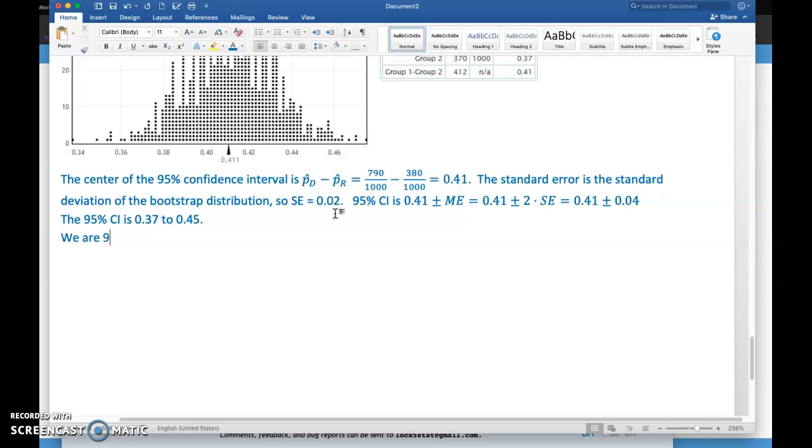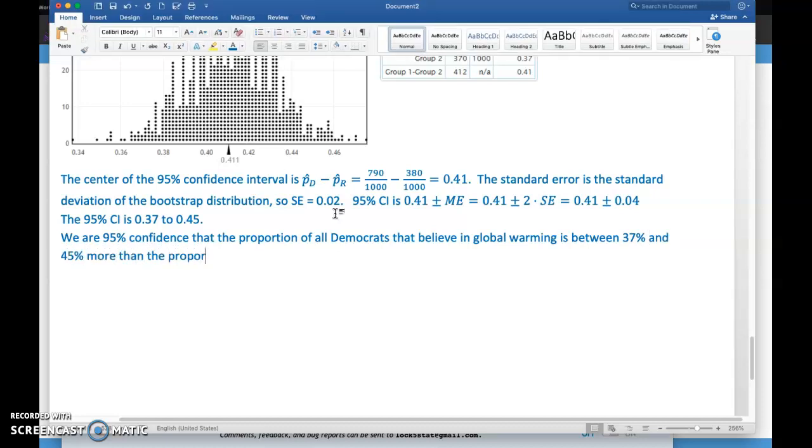So we can say we are 95% confident that the proportion of all Democrats that believe in global warming is between 37% and 45% more than the proportion of all Republicans that believe in global warming. I'll put a parenthetical, at least in 2010.